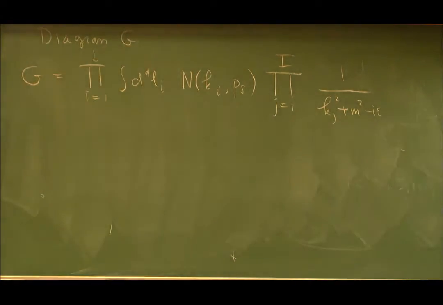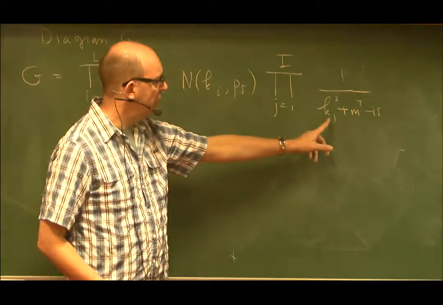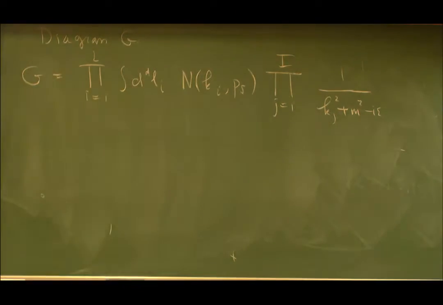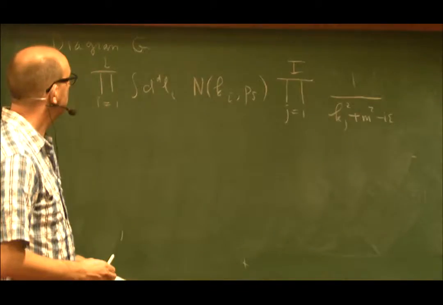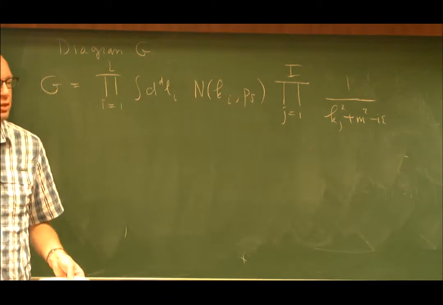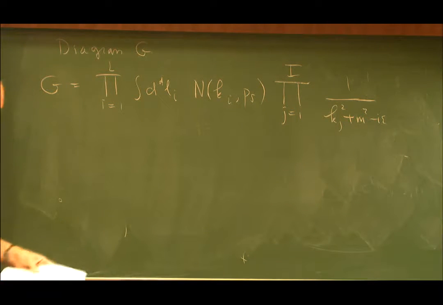That's a very general expression for a diagram. Each line has a denominator. This k_j here is the internal line momentum, so again, as I said, a linear combination of external and loop momenta, and some big numerator factor. Right? This is very general. I haven't given you much information other than to write a typical structure.